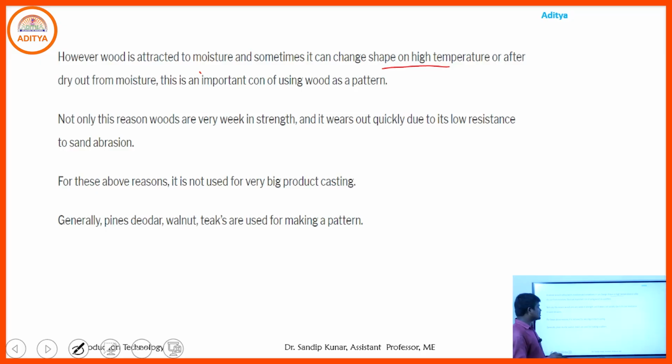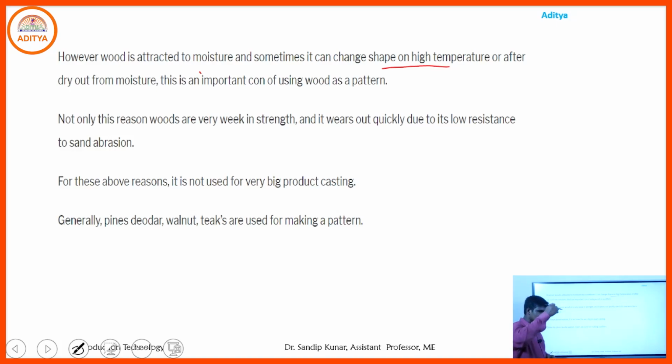Another, wood has less strength, and may warp. When we use the wood material as a pattern for preparing the mold cavity, we give the molding sand materials and also give some pressure for compacting.